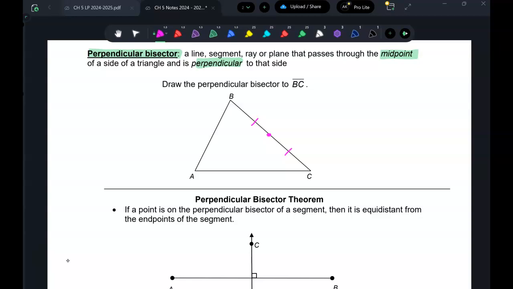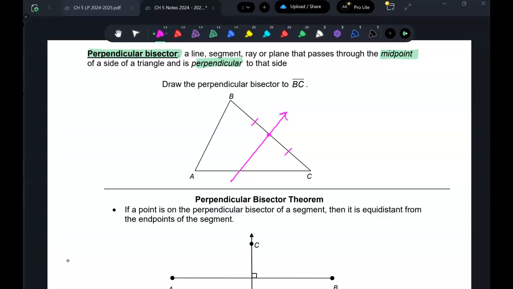Now, I want to make a segment or a line. I want to make sure it goes perpendicular. So if you hold the ruler, it's going to go kind of like this. Do you see that? You want to make a right angle that goes through, so kind of like this.